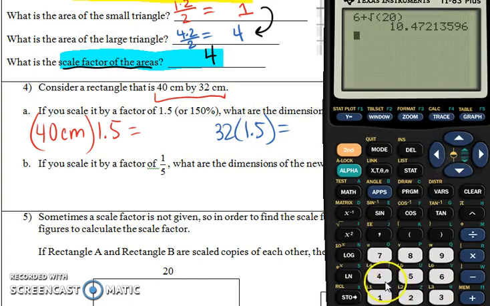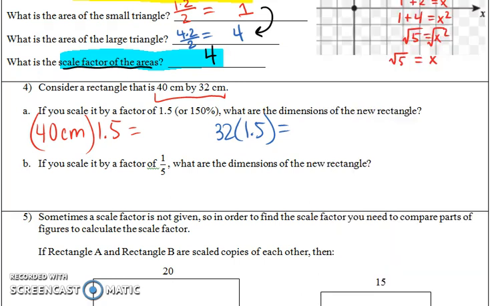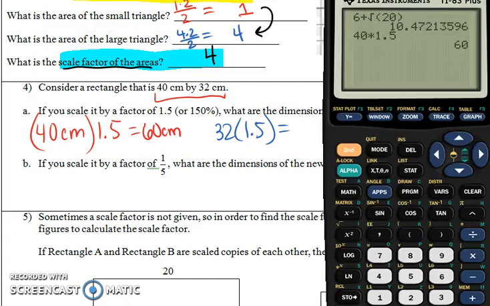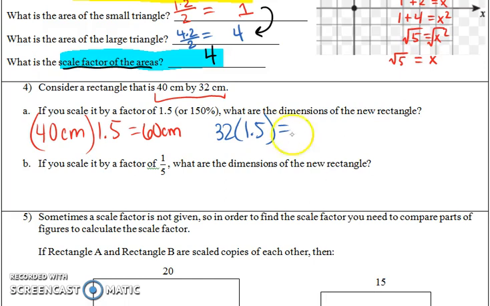So 40 multiplied by 1.5 gives me a new dimension of 60 centimeters, and taking 32 and multiplying that by 1.5 gives me 48 centimeters. So the new dimensions would be 60 centimeters by 48 centimeters.